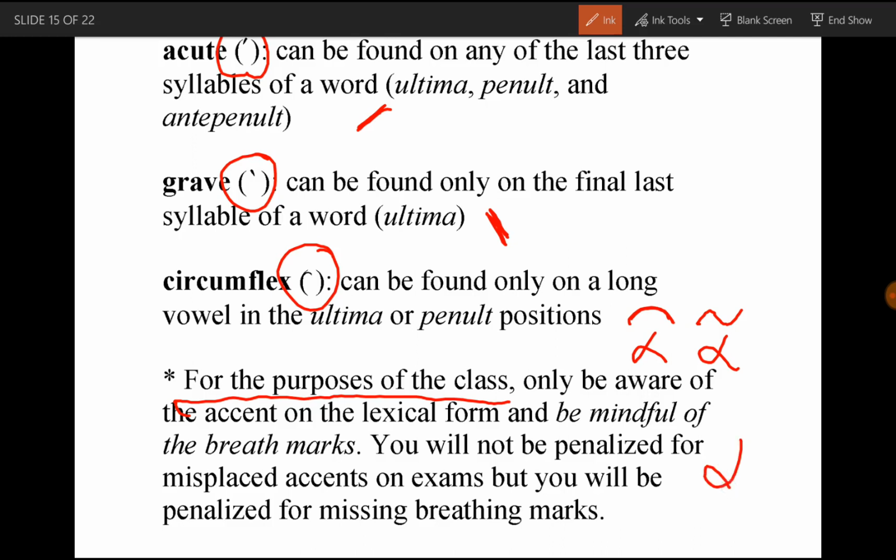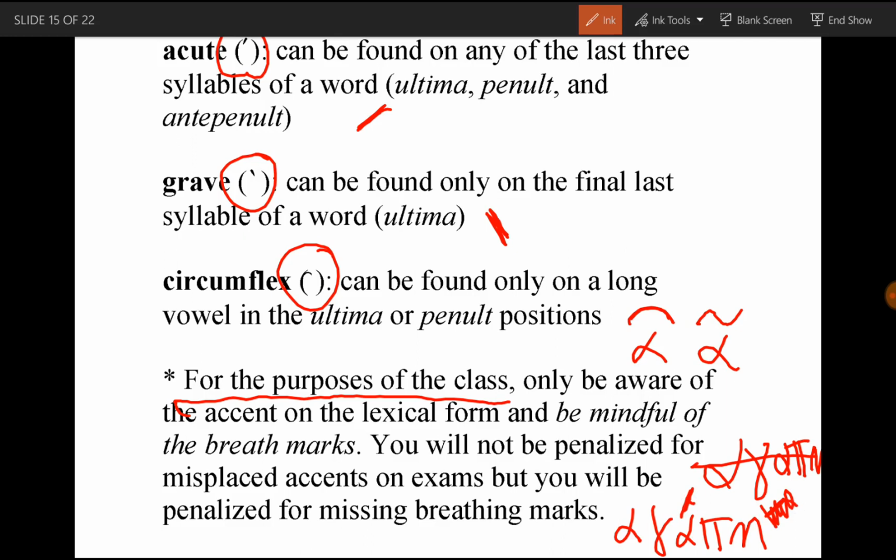If, for example, I wrote this, I didn't quite write this well. Okay, here we go. So if I put the stress at the end, it'd be agapE, but that's not the right pronunciation. The stress is not here. It's actually here.